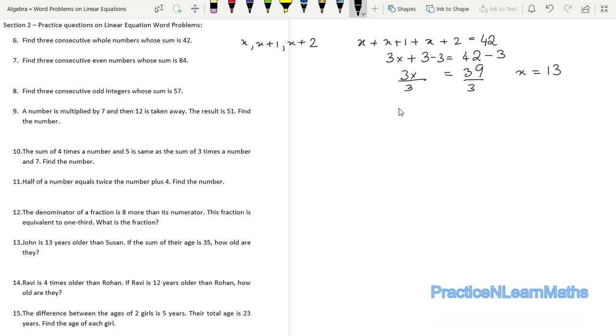Now we can't leave our sum over here. The question is find 3 consecutive whole numbers. So the numbers are 13, x plus 1 is 14 and x plus 2 is 15. That is the answer.